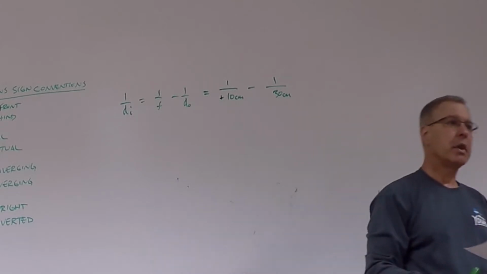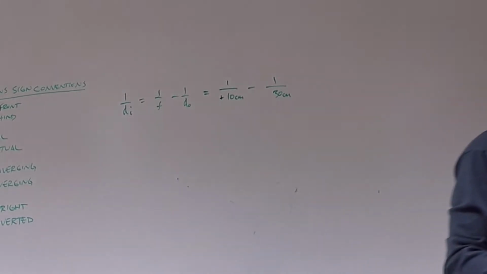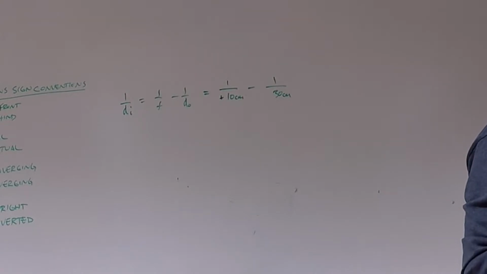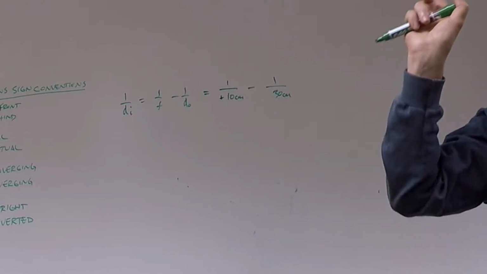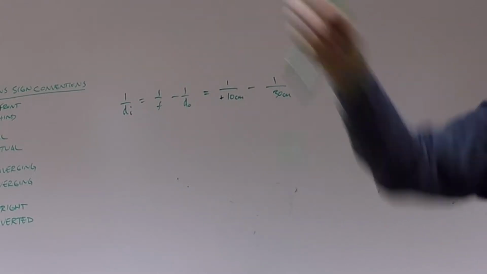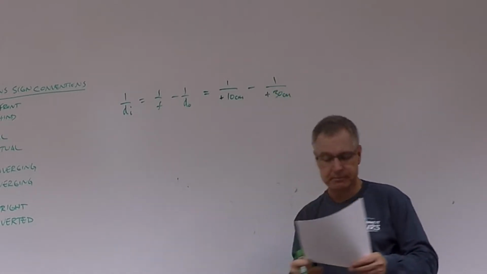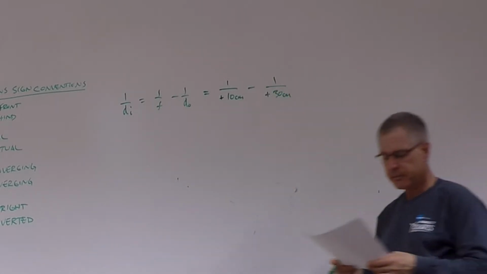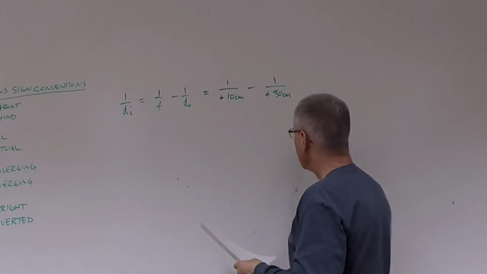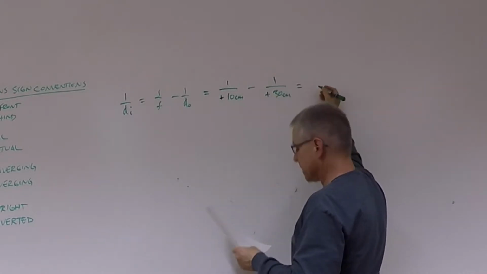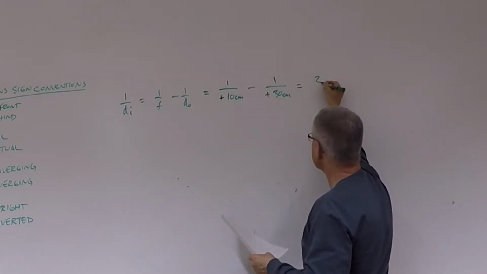Is that a plus or minus 30 centimeters? Is our object in front of the lens or behind the lens? It's out there in front. So that's another plus. Which, if I do just this part, is 2/30.